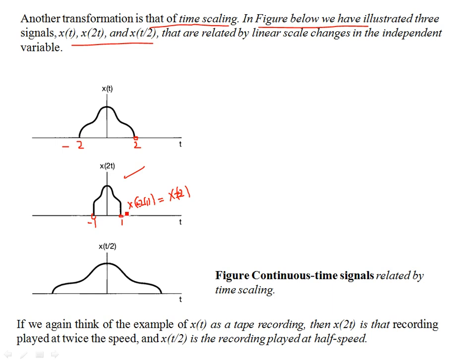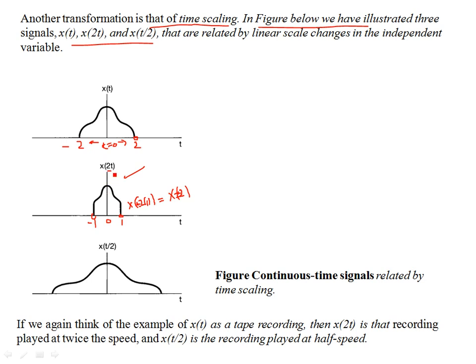Under this transformation, whatever is true at t equal to 0 stays intact. The amplitude at t equal to 0 stays intact. However, on both the left hand side and the right hand side, the signal is simply compressed by a factor of 2. If this is a piece of audio, that means you're playing the audio at twice the speed.